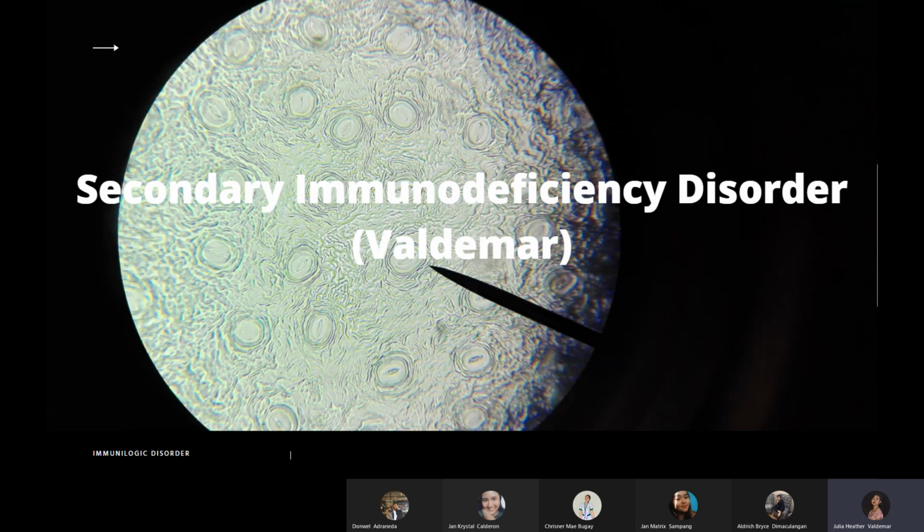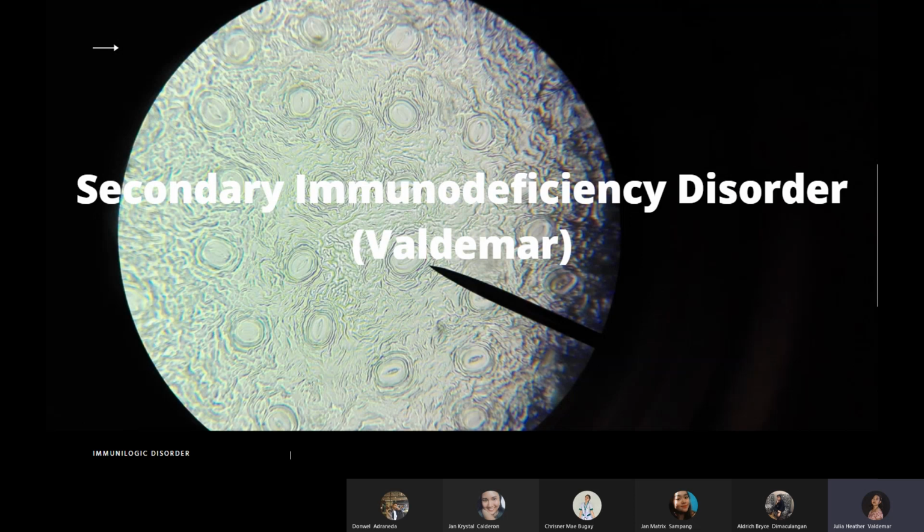A secondary immunodeficiency can result from a disease process that causes a defect in normal immune function. This leads to a temporary or permanent impairment of one or multiple components of immunity in the host. It is much more common than primary deficiency.